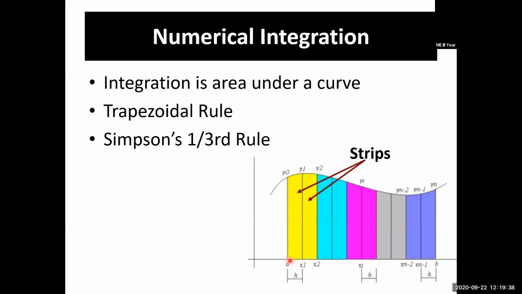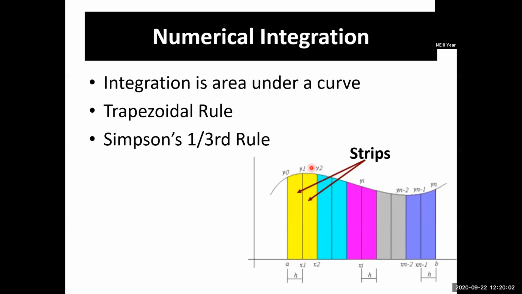So here in Simpson's one-third rule, what are we considering? We are considering 3 points: first, second, and third. We are finding the fa value, and this y1 in Simpson's one-third rule is nothing but f of (a plus b) by 2. So this value plus this value by 2, so by default it will come.